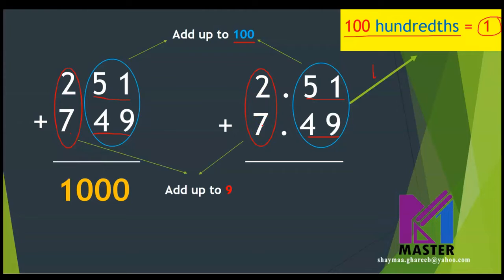So when I have number 1 and number 9, when I add them together, this is the 1, this is the 9, so I will get number 10 at the end. So every time I form number 10 using hundredths, I have to make sure that the sum of the hundredths add up to 100, and the sum of the units together add up to 9.